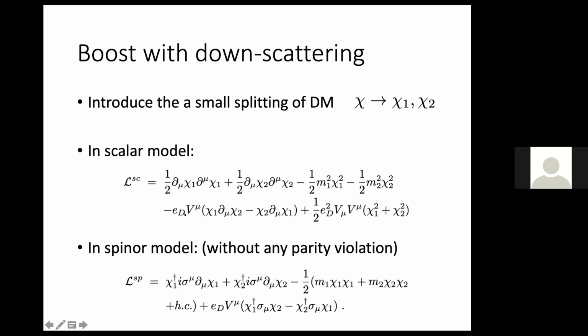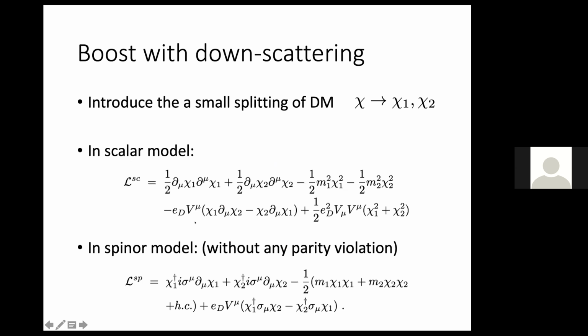Because our dark photon is already massive, it doesn't matter if we break this U(1) symmetry in the dark matter sector. So we can give a small mass gap, splitting the real part and the imaginary part of this complex scalar a little bit.